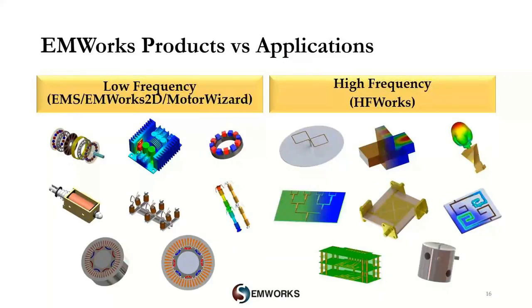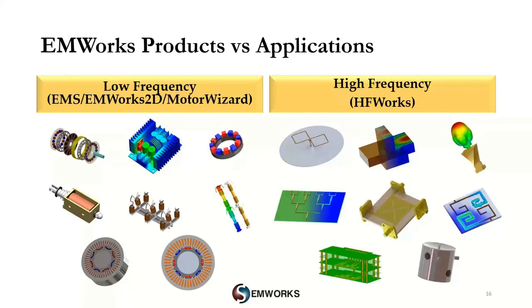Now let us do a quick recap on EMWorks products and their related applications. We can divide EMWorks offerings into 2 categories: applications related to low frequency simulation and applications related to high frequency simulation.